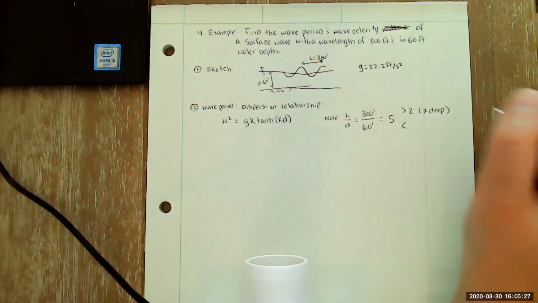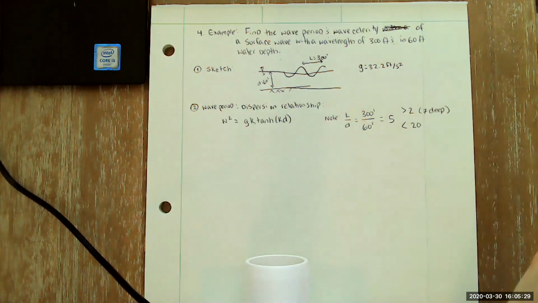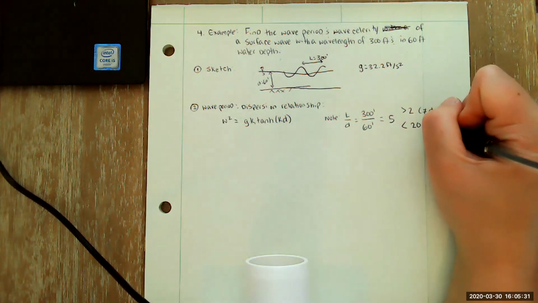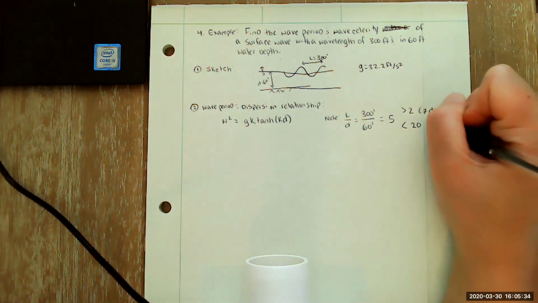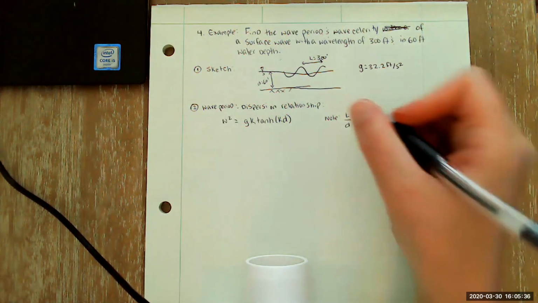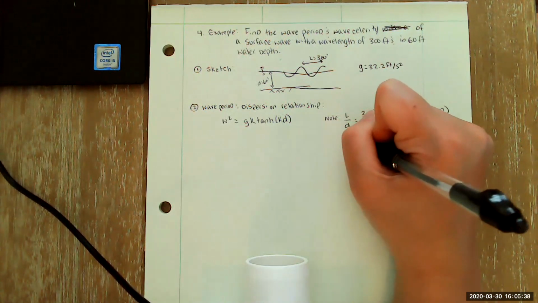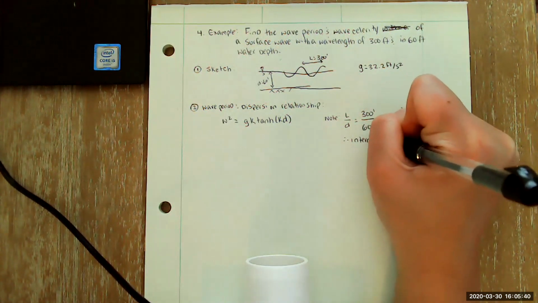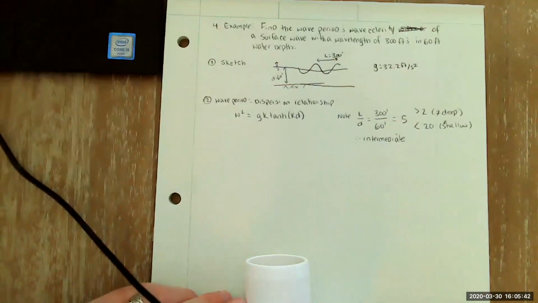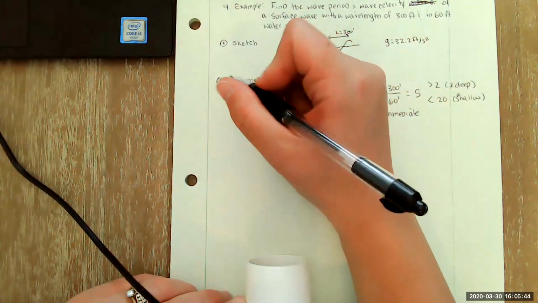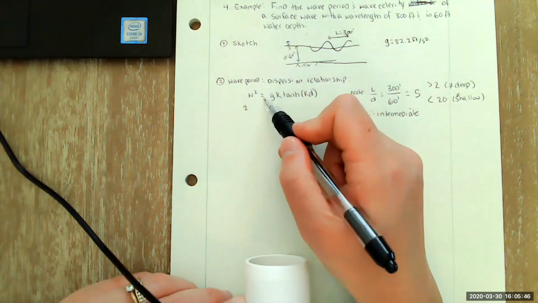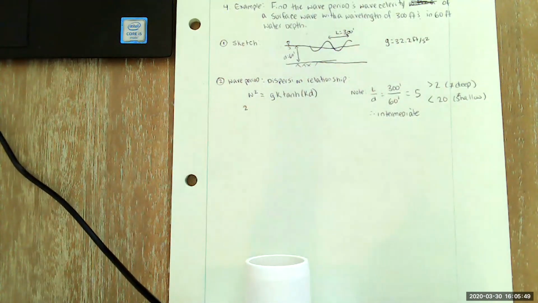And it's less than 20, so it's not in shallow water. So therefore, we know it's in intermediate, and we need the full form of our equation. So we have to use omega squared is equal to G K hyperbolic tangent of K times D.